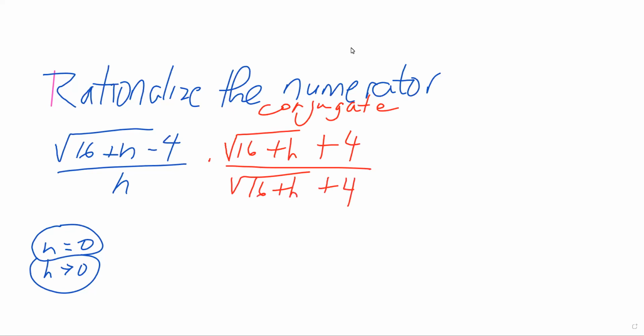The reason why we do conjugates is you multiply the two numerators, and it is in the form a minus b times a plus b, which leads to a difference of squares.